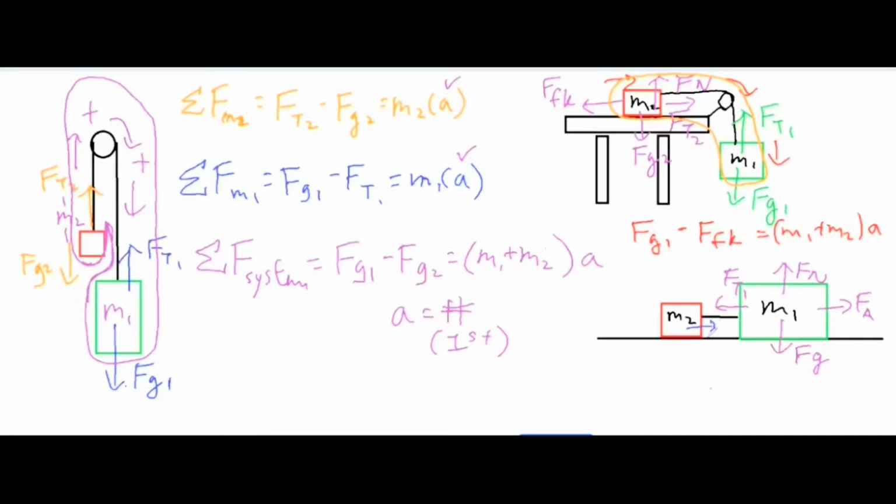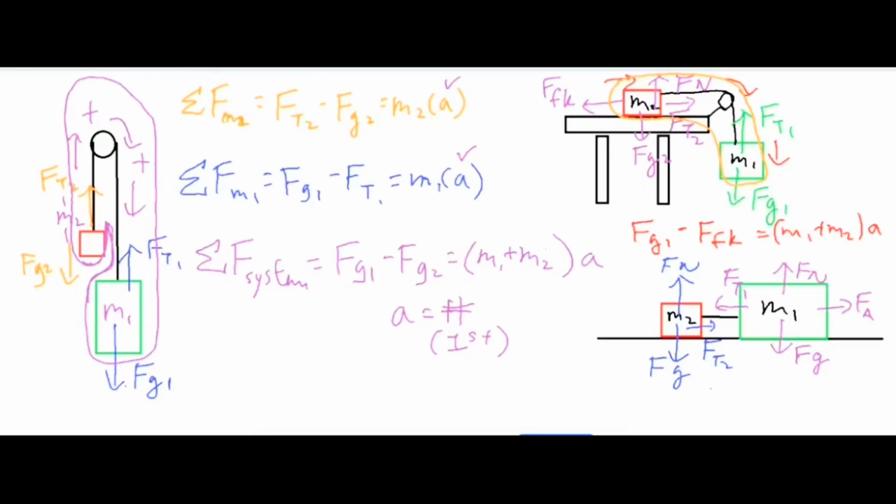And then for our second one, we would have this force of tension tugging M2 forwards. And then same thing as the first one, we'd have a normal force and a force of gravity. So you can do individual X and Y formulas for M2 and M1 as we did earlier, so I'm not going to repeat that process.